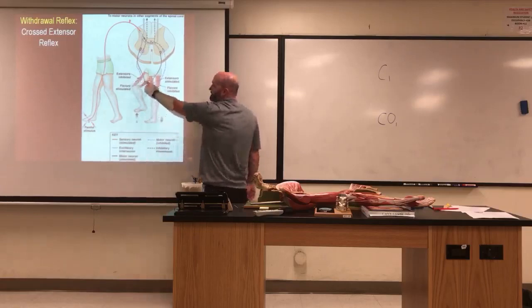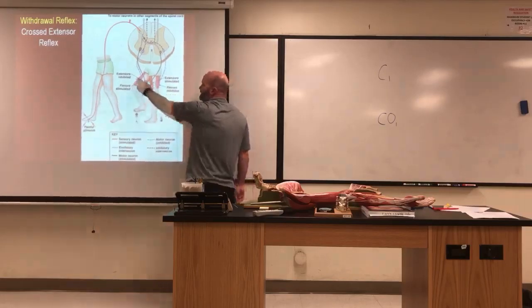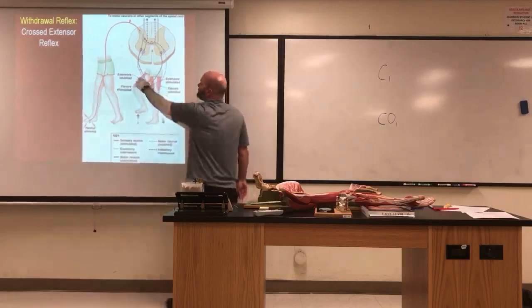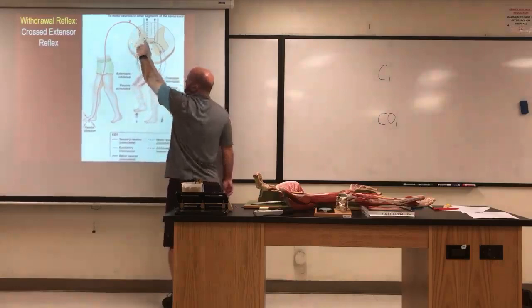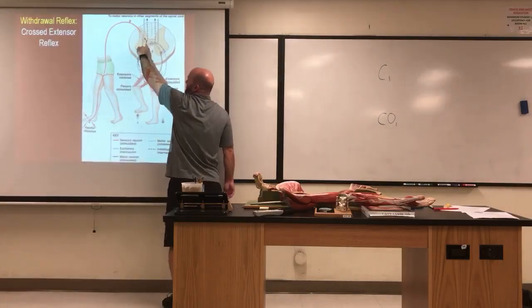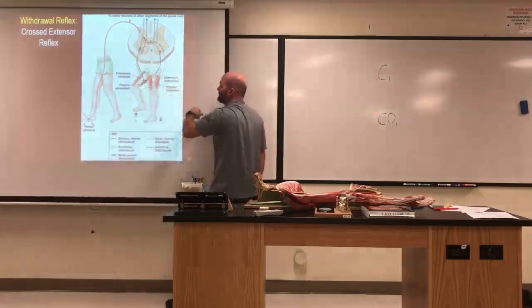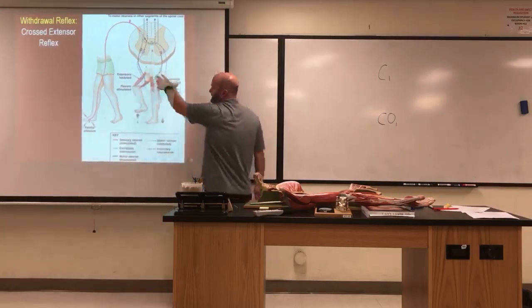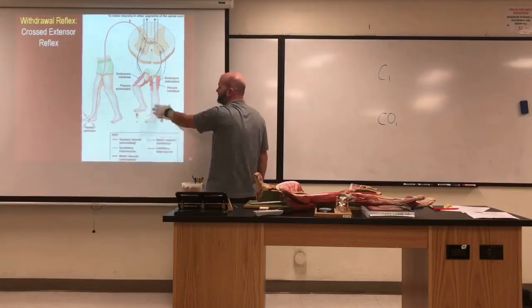At the same time you stimulate the knee flexors, you want to make sure you inhibit the knee extensors. So the nociceptor activates an excitatory interneuron, which synapses onto an inhibitory interneuron, which inhibits the motor neuron going to the antagonistic muscle. Then we have to deal with the other side. The opposite limb, the contralateral limb, is going to have to maintain balance of the body.